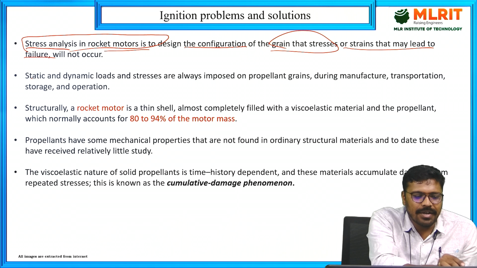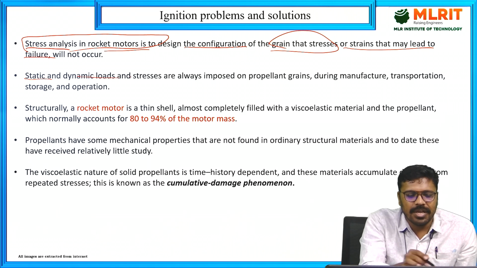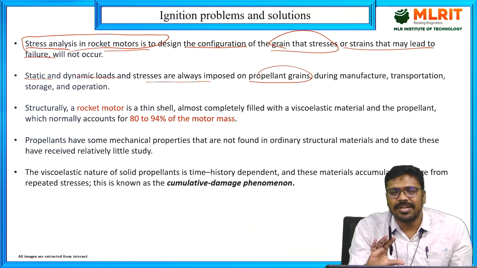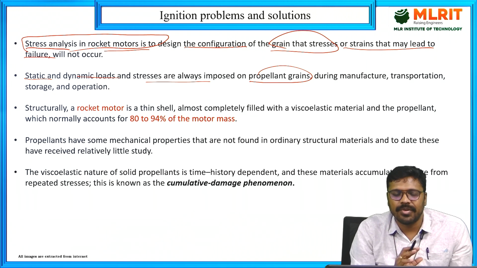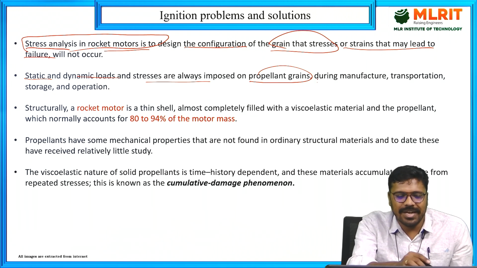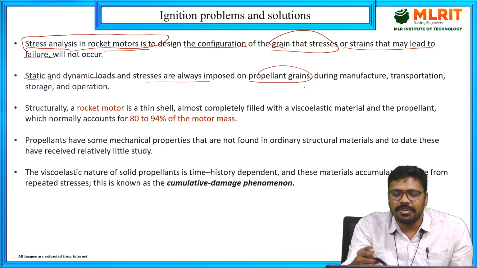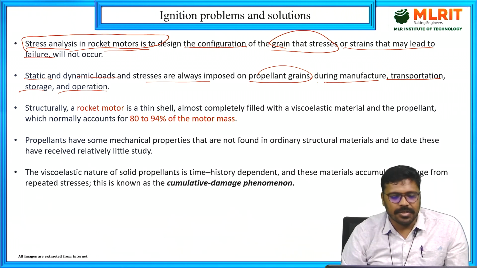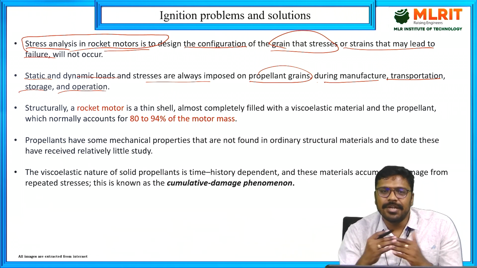Static and dynamic loads and stresses are also imposed on the propellant grain. This is also one reason for propellant grain failure, so we have to overcome this. These static and dynamic loads are transferred to the propellant grain during manufacturing, transportation, storage and operation. So we should reduce these stresses.